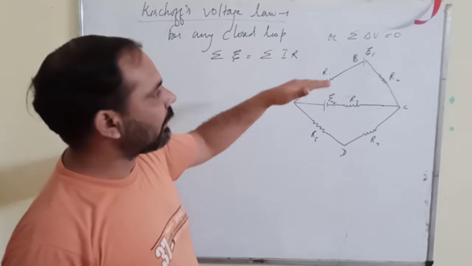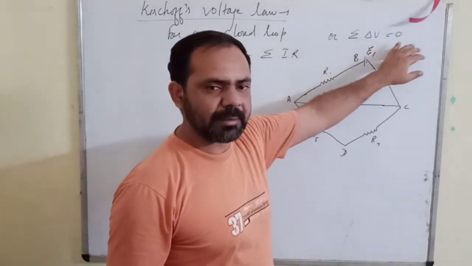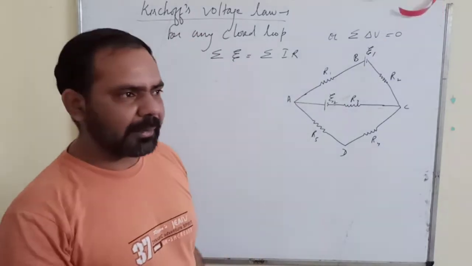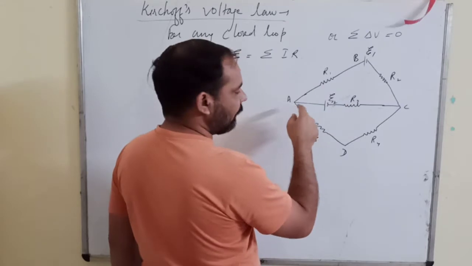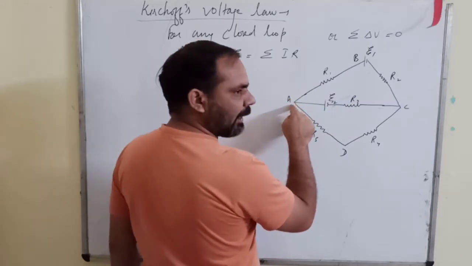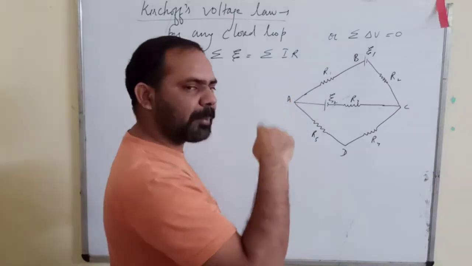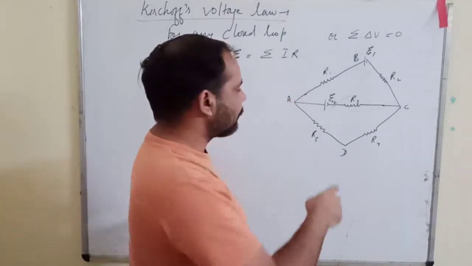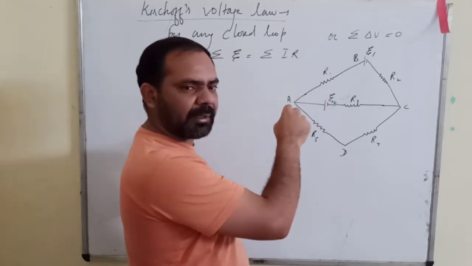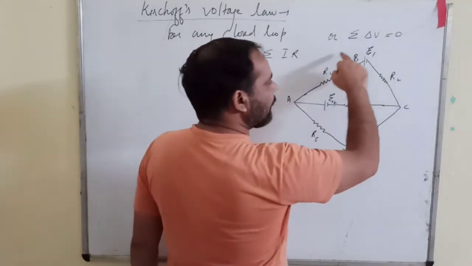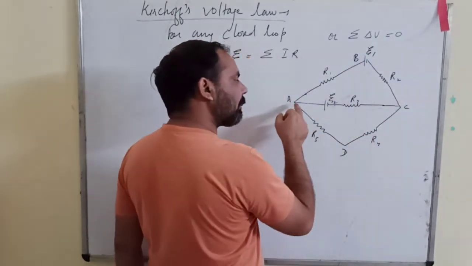In other words, it can be stated this way also: the sum of change in potential is equal to 0. The reason is that suppose you take the loop A, B, C, A, and you start from point A, then you go to B, then C, and then you come back to the point A. So you started from point A and finally reach point A. So the potential difference plus the potential difference plus the potential difference.